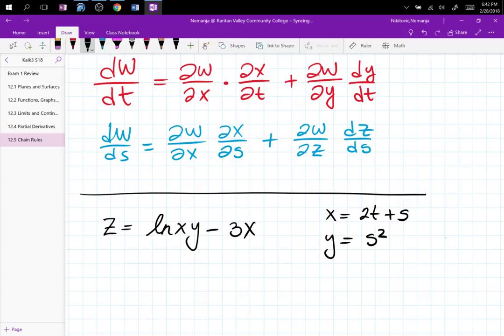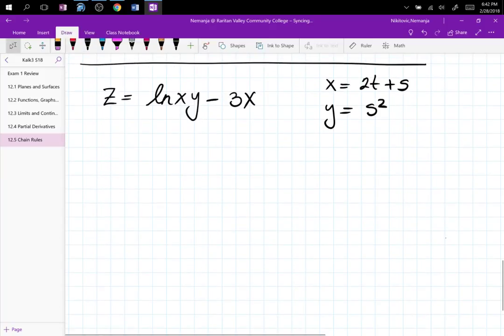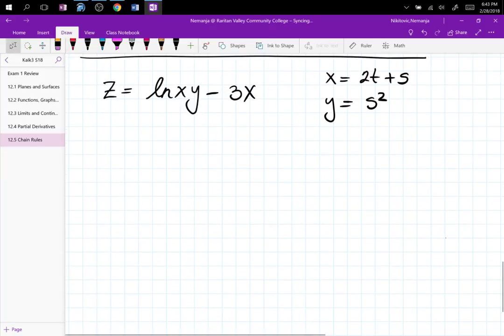That's it. So this is what is given to you. You are supposed to find dz/dt and dz/ds.